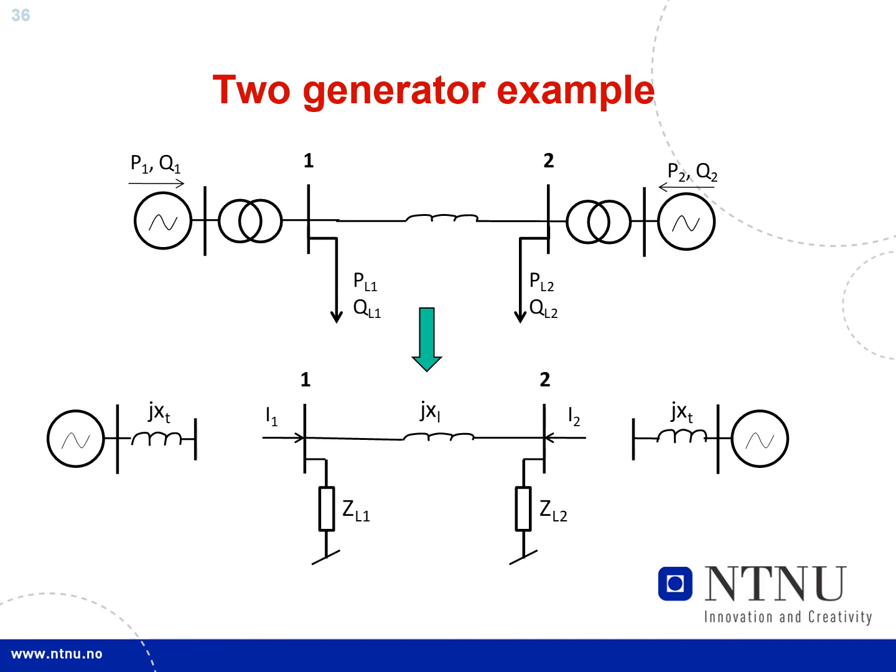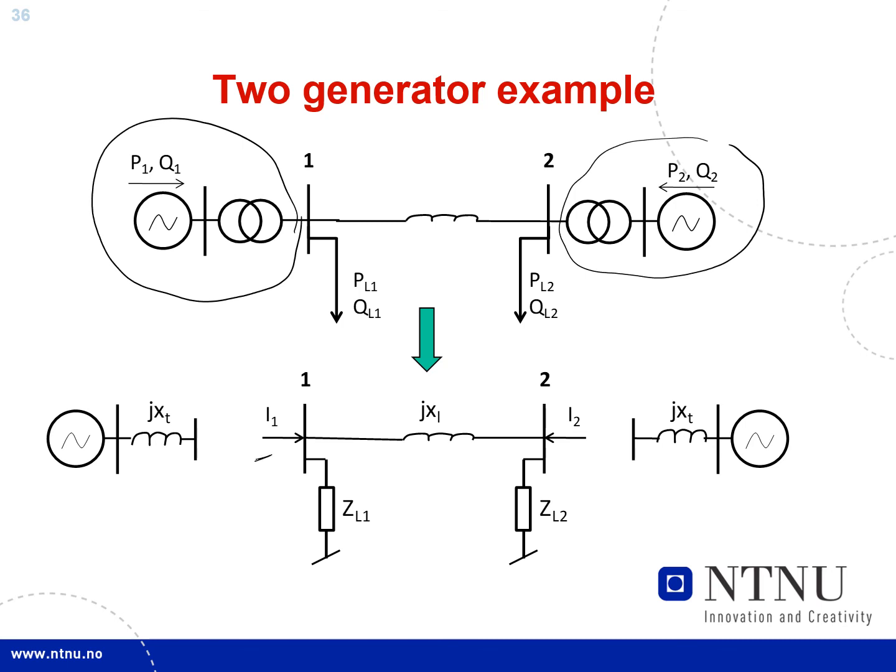If we have, for simplicity, a two generator model, what we could do is first detach the generators, which represent the dynamic components, and you end up with the effect of the generators as current injections, right?